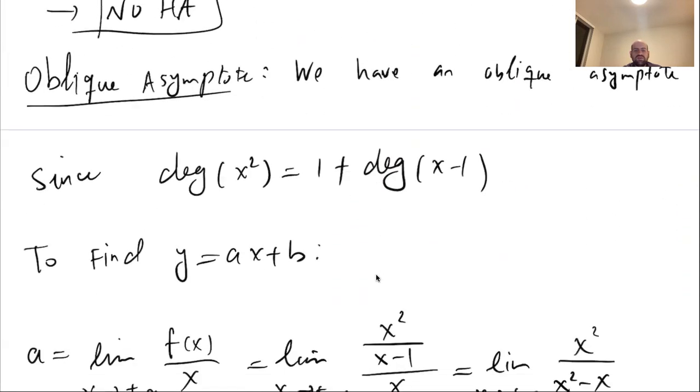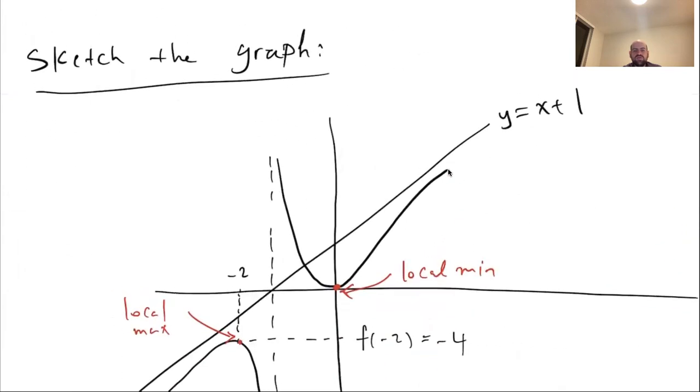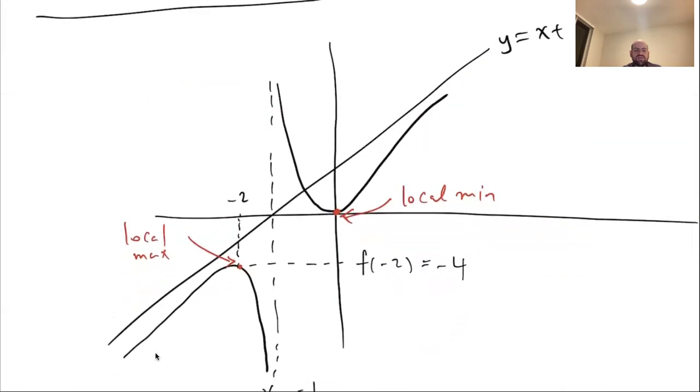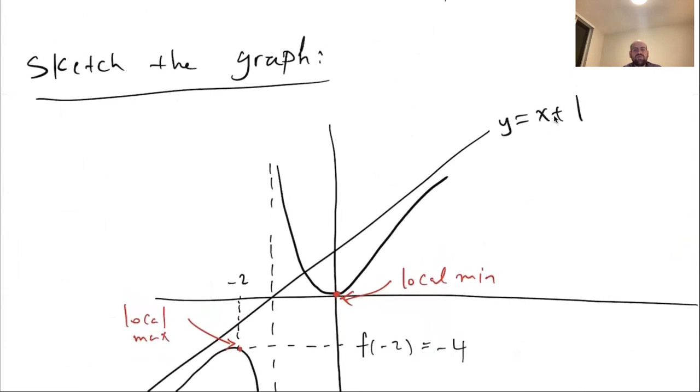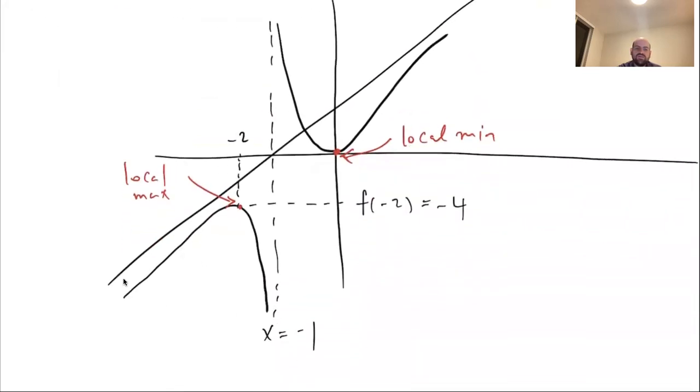But at infinity, remember, we have an oblique asymptote at infinity and minus infinity. What is the oblique asymptote? Y equals x plus 1. What does that mean? That means the graph of the function will get closer and closer to this line as x goes to infinity or as x goes to minus infinity.